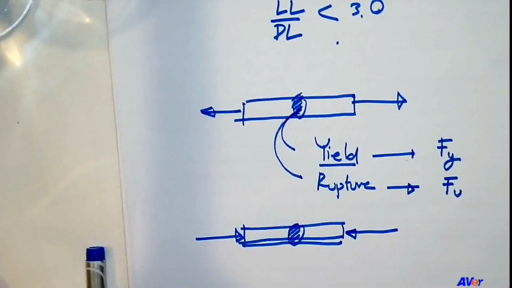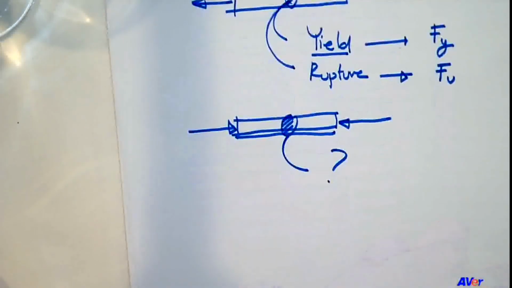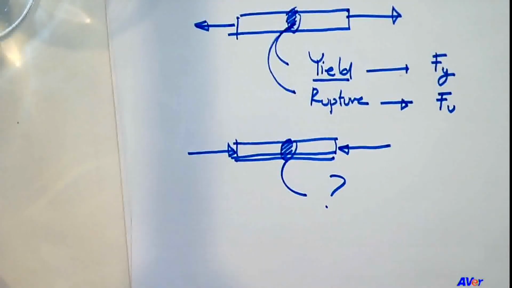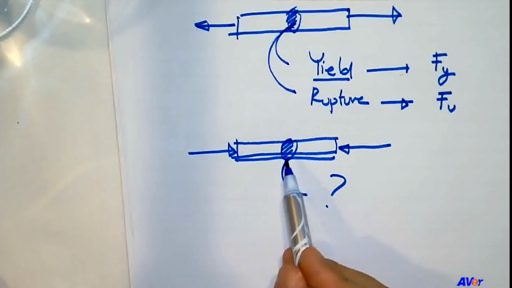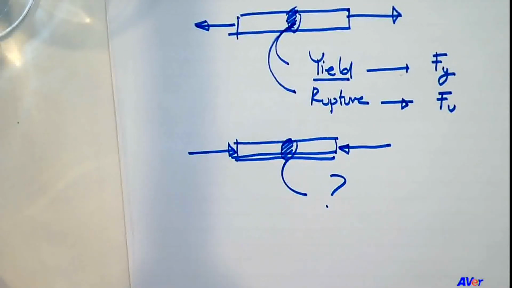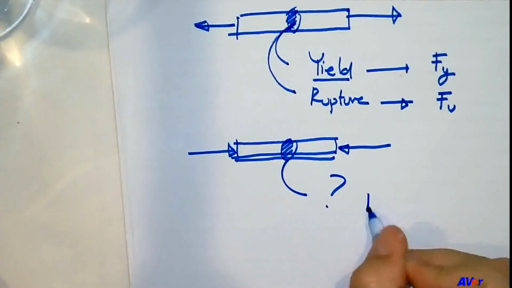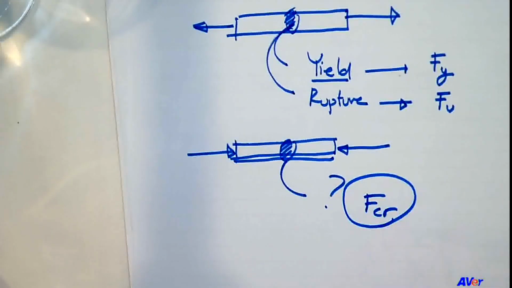And at that point, when the steel structure loses stability, the stress at that point is not known. We do not know, and we call the stress where we lose stability the F critical.